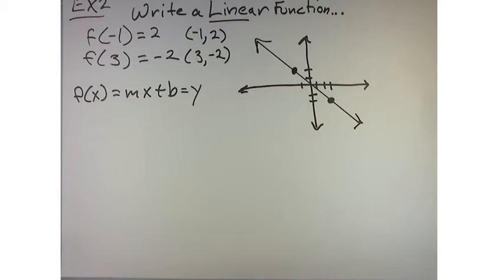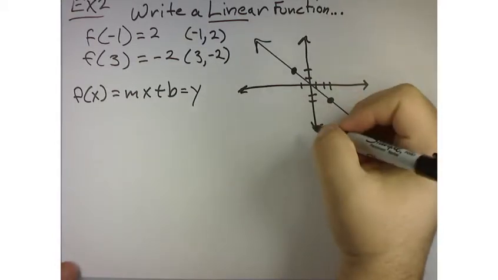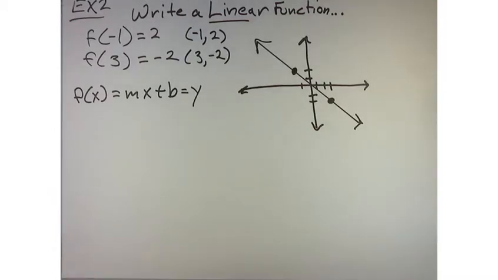So what I really need is the slope, which is the rise over run, and then I need the y-intercept. Where does that look like the y-intercept is, though? 0, maybe, right? It looks like it. So we'll have to see. We'll have to do some math, right? If Mr. Adams would have used some graph paper, which I have some, we would know for sure. But let's do the math.